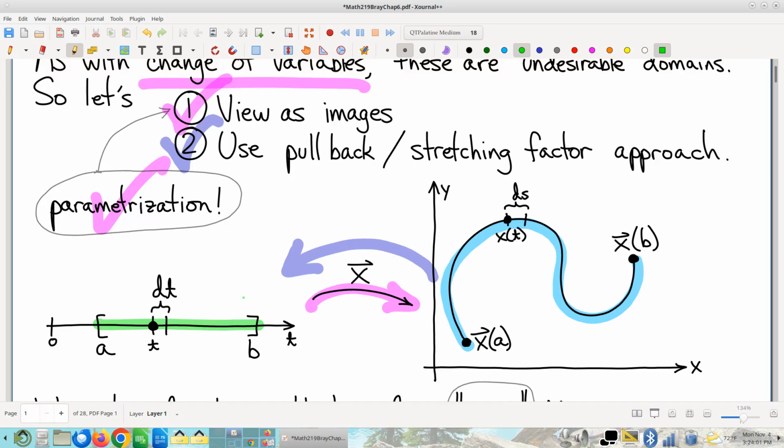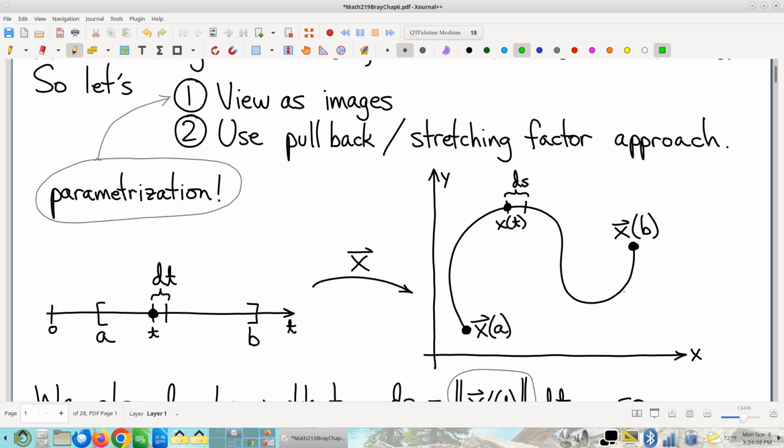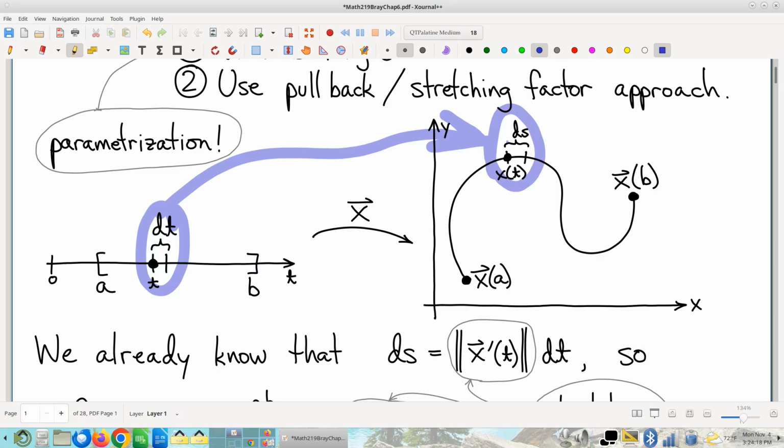The only thing that we have to figure out concerning the pullback is the stretching factor issue, right? So a little piece of the t-axis, its image is going to be a little piece of our curve. They're not going to be the same size, probably. This is going to be a factor different from this. I need to know what that factor is.